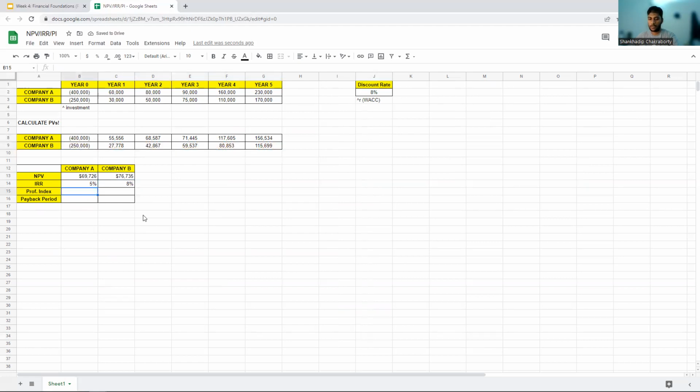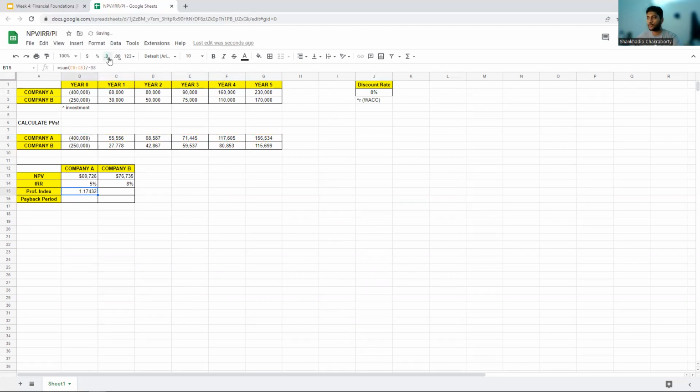Okay, profitability index. This is going to be the sum of your DCFs divided by your initial outflow. So let's do this. Sum for company A is this, divided by the outflow, the negative outflow, because we don't want it to be negative. And that's what it is.